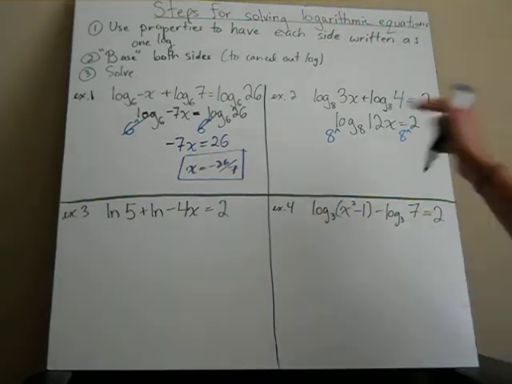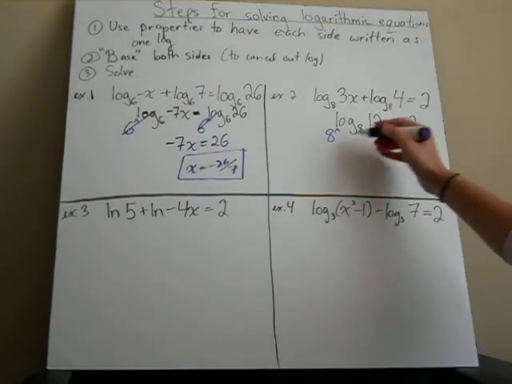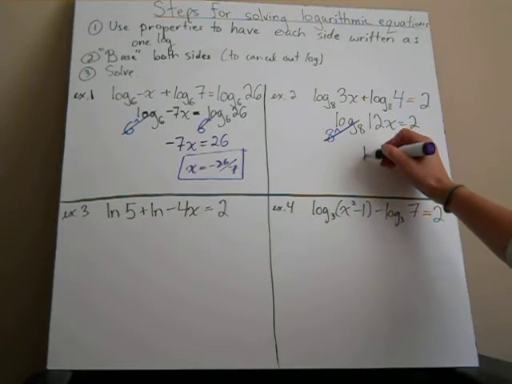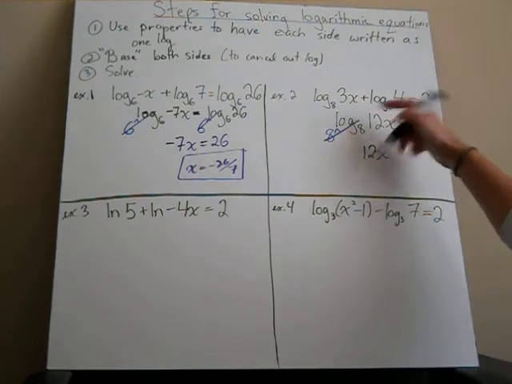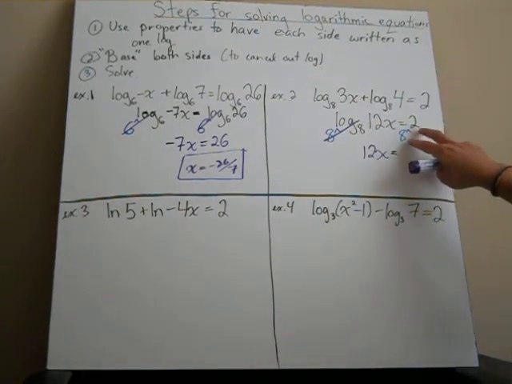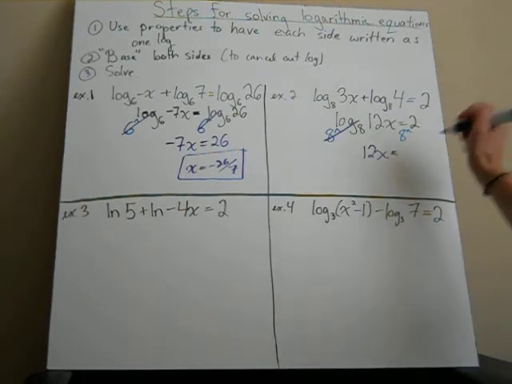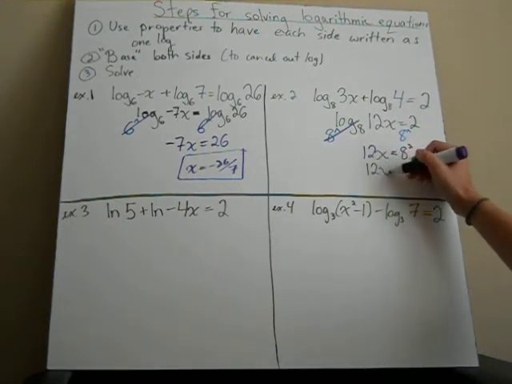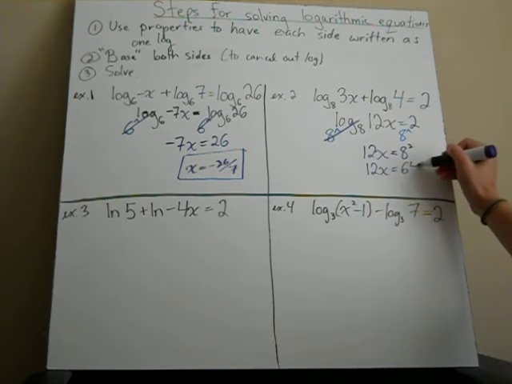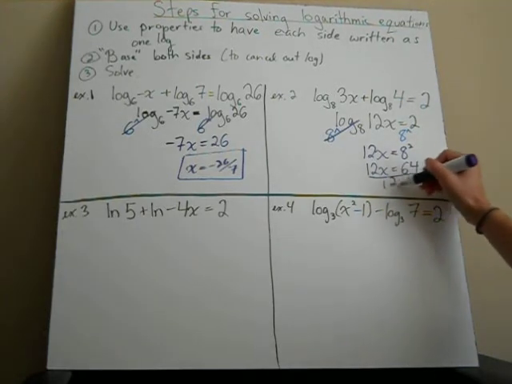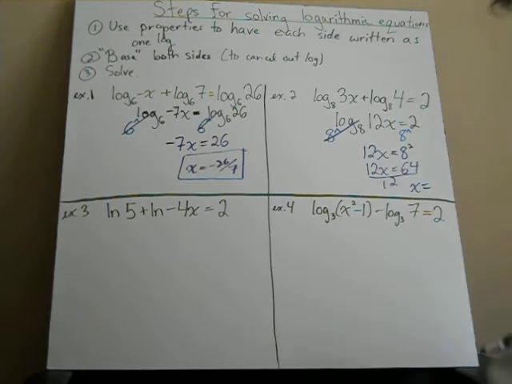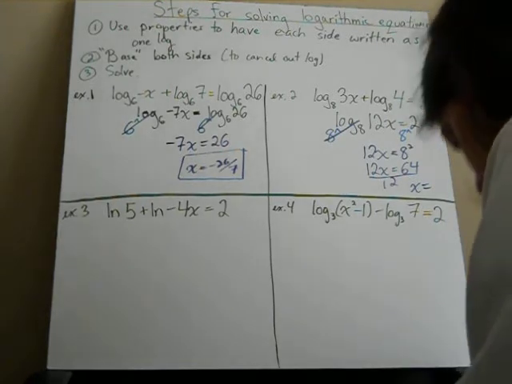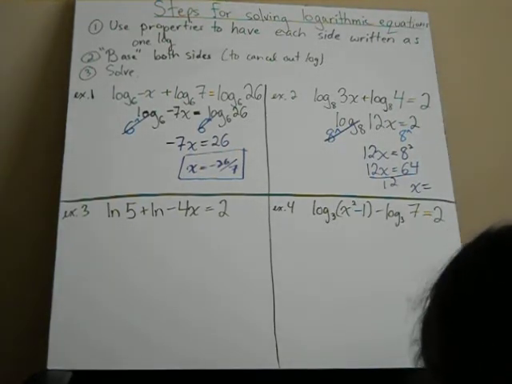So what that means is 8 to the log base 8 of 12x is just simply 12x, because those cancel each other out. And this is 8 to the second power, so we bring down 8 squared, which is really 64, and divide by 12, and x reduces to 16 over 3.